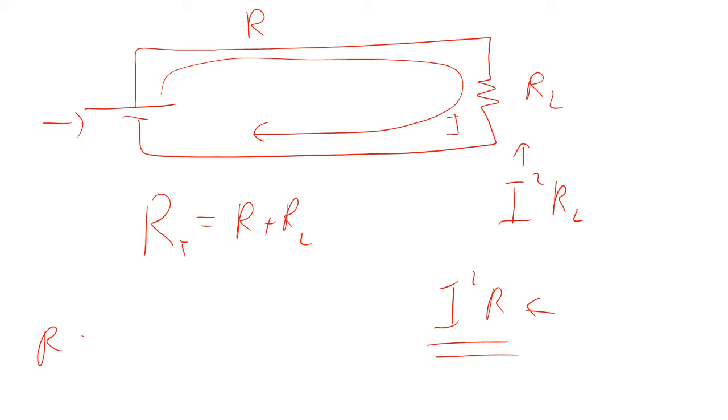Well, resistance is rho L over A. So the longer the wire, the bigger the resistance. And so that means for DC, which Edison liked, you have to have fairly short wires. That means you have to have a power plant for every neighborhood.